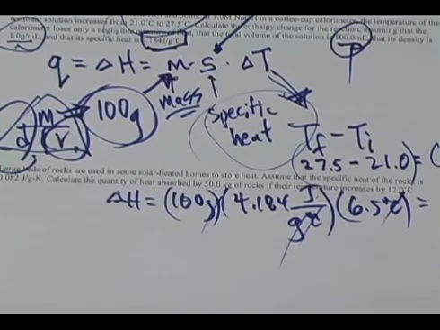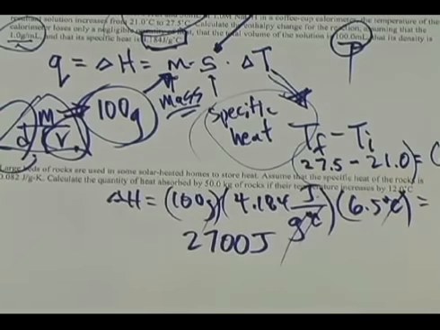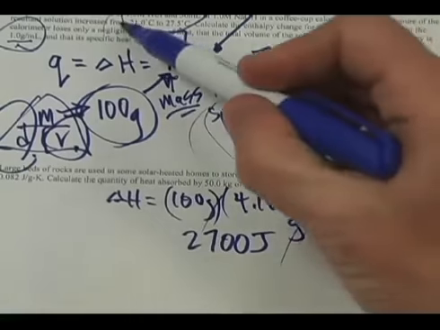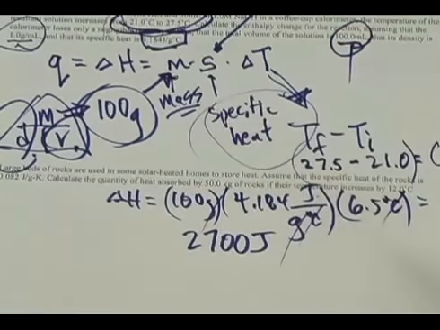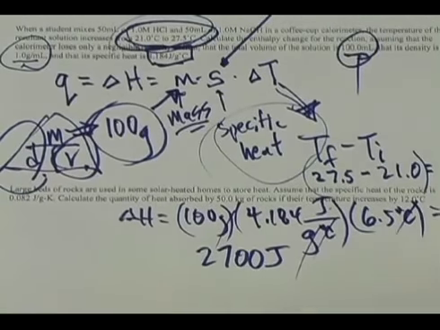I believe that turns out to be about 2700 joules. And since it tells us that the temperature is increasing, remember the thermometer that's making the measuring is part of the surroundings, not the system.